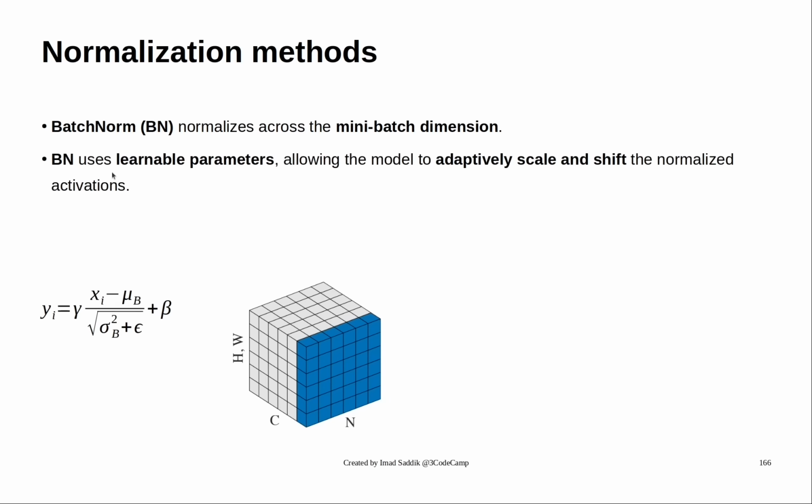Batch normalization uses learnable parameters in order to allow the model to shift and scale the normalized activations. So the normalized activations is basically this term in the middle, x minus mu divided by the square root of this term, and the learnable parameters are gamma and beta.